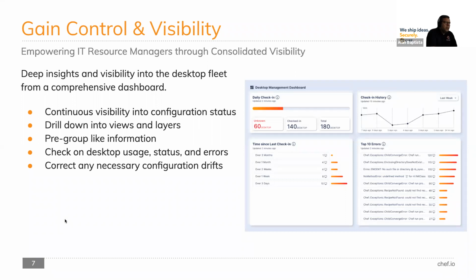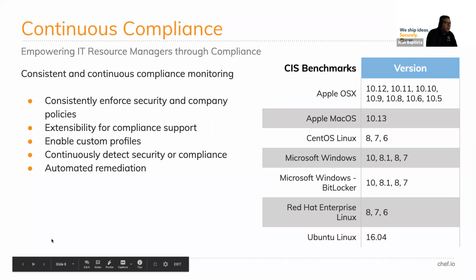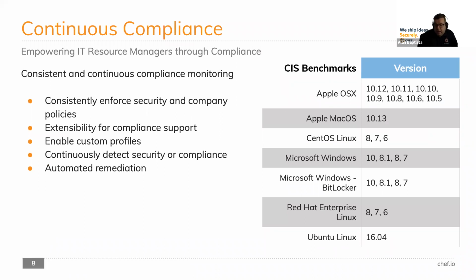So in terms of risk support, we also have a continuous compliance capability. We're consistently enforcing the security, maybe an industry level security compliance or the company policies. You're able to extensively cover what you're doing for your servers.